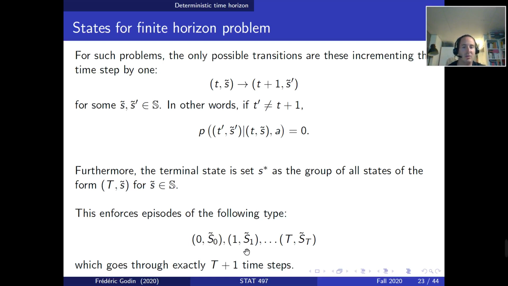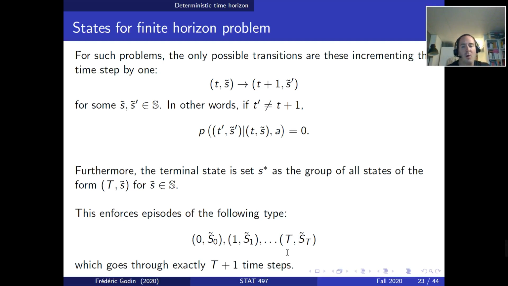Then you transition into a state 1, S tilde 1, etc., until you transition into a state capital T, S tilde T. So you're sure to go exactly through capital T plus 1 time steps in these types of Markov decision processes. So you indeed have a finite time horizon, and capital T is still defined as the time at which you reach the terminal state.